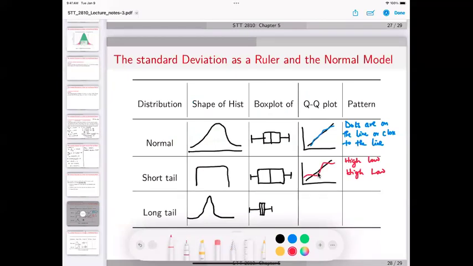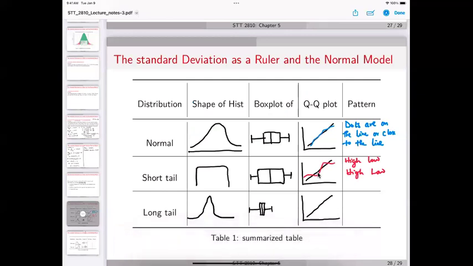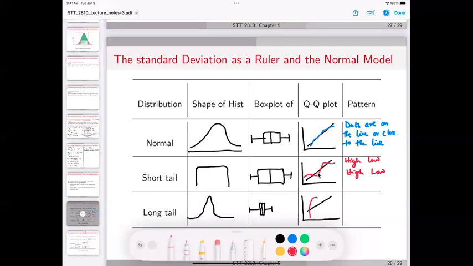Let me bring this line up a bit. Good. Then I have something like this. Something like that.